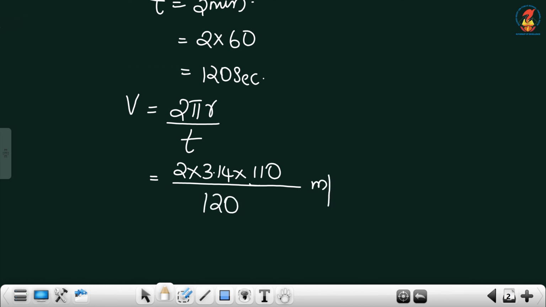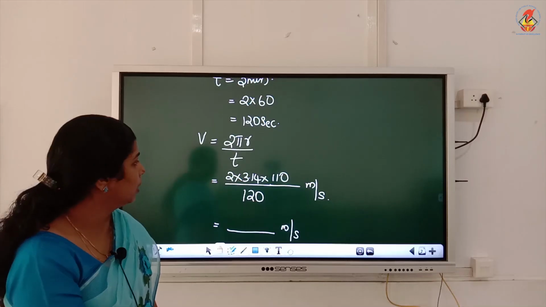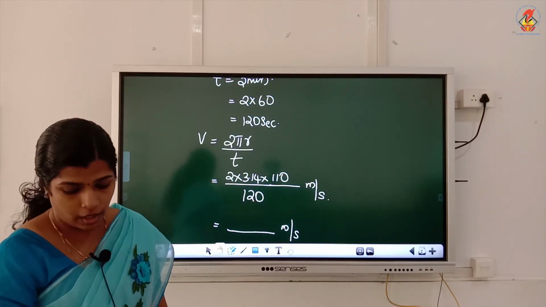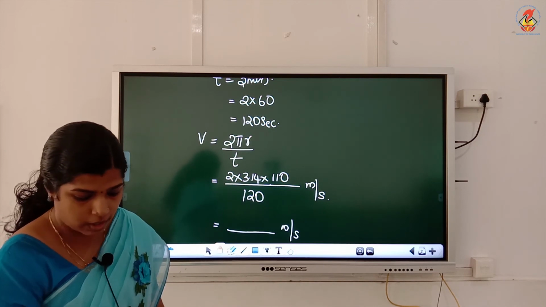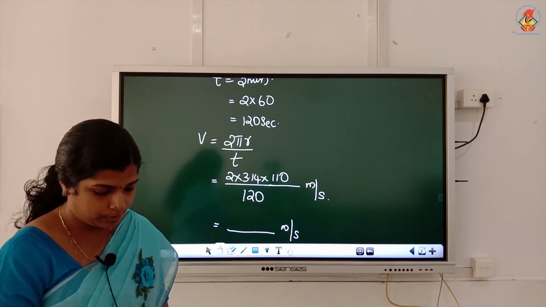So, you will get the answer in meter per second. Do it and write the answer in meter per second in your notebook.